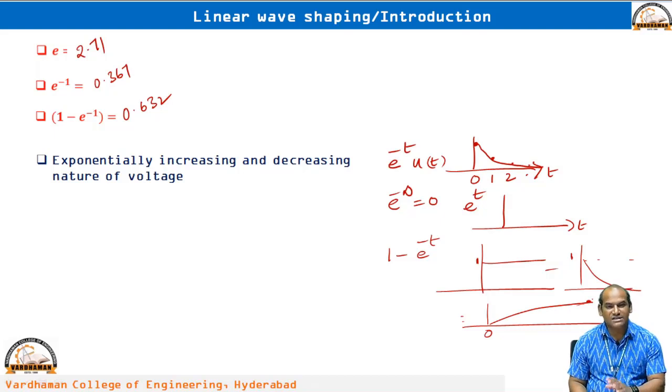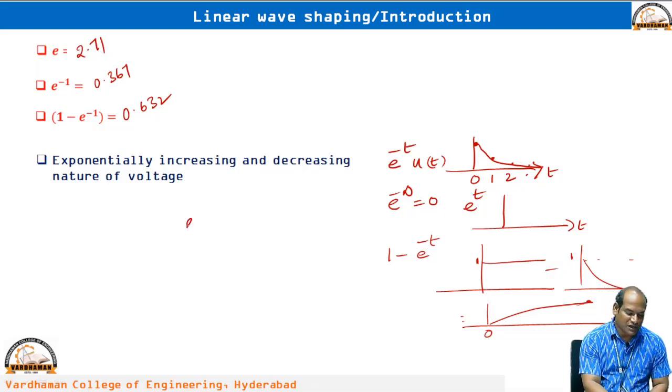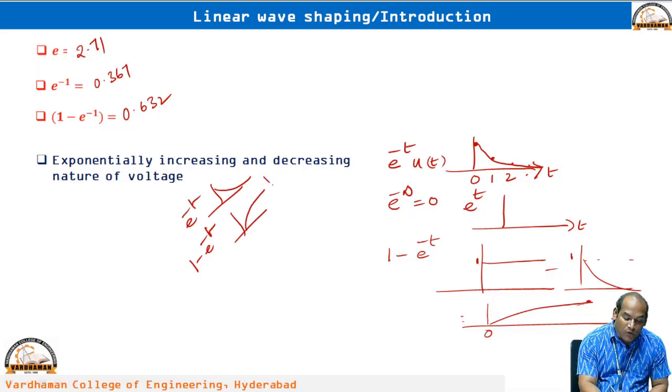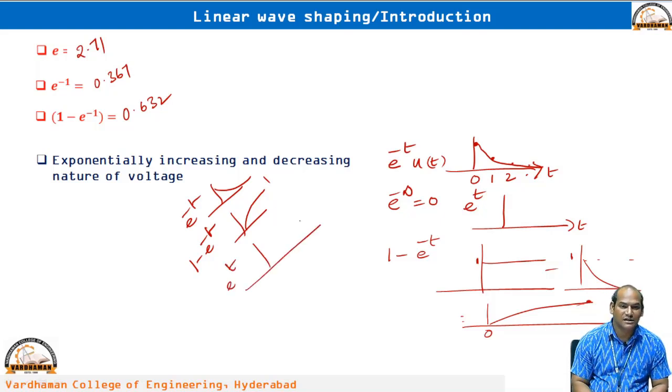So, what is required to know here? Before starting our subject itself, I am giving what is important for us to understand the subject, just a little bit. E power minus t means you have to remember this particular structure, exponentially decreasing. And 1 minus e power minus t is exponentially increasing up to 1 only. If I give e power t, it starts from 1 at t equal to 0 and exponentially increases like this.